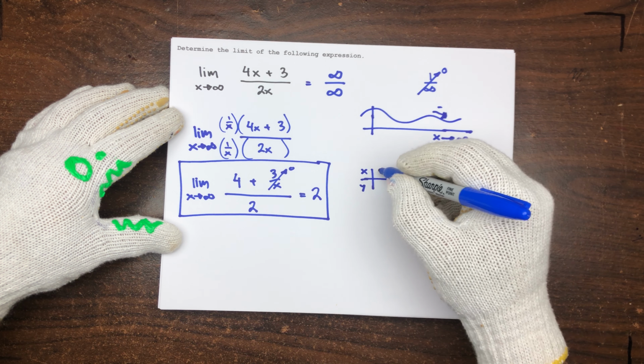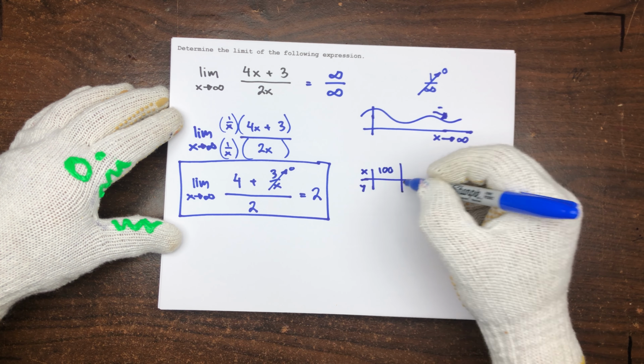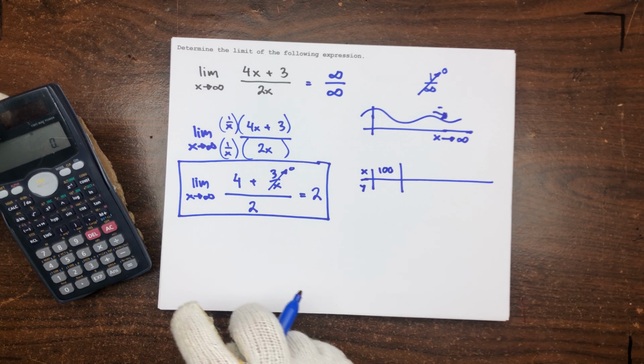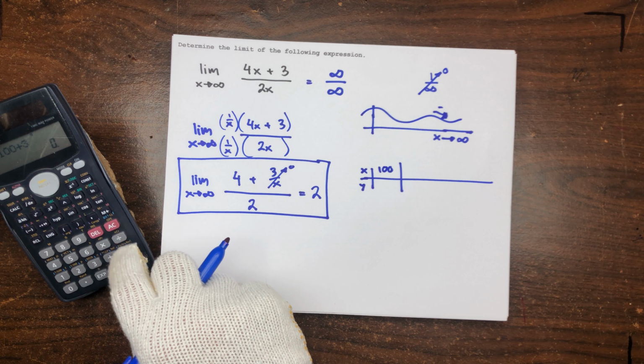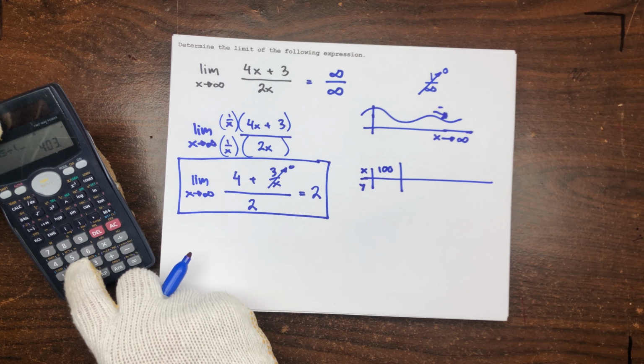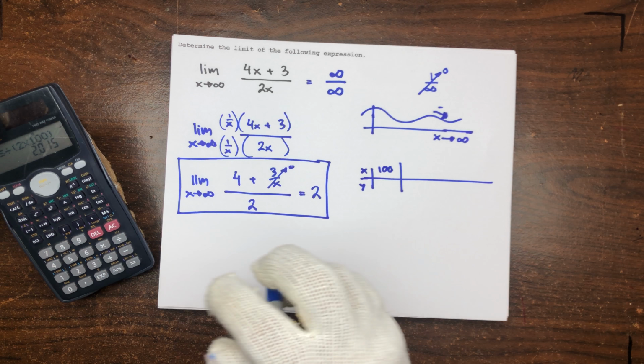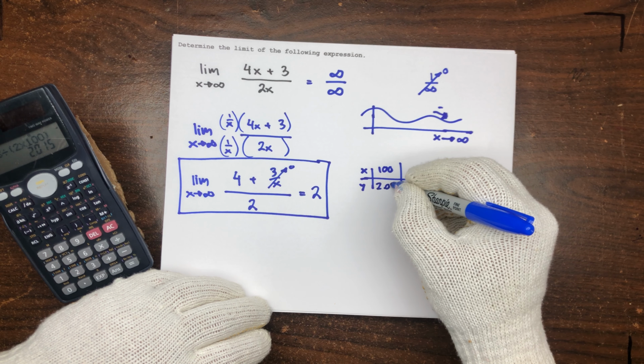And we'll try, first thing, let's try 100. So 4 times 100 plus 3 divided by (2 times 100) is 2.015.